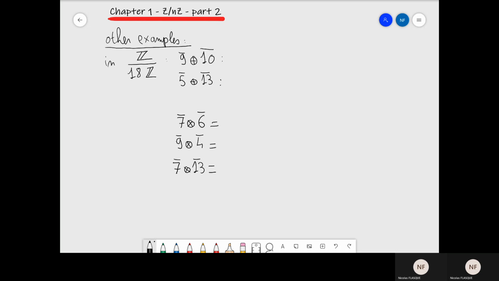So in Z over 18Z, compute 9 bar plus 10 bar. This one is quite easy. It's equal to 19 bar, which is equal to 1 bar, because we do here calculation modulo 18 as n is equal to 18. 5 bar plus 13 bar, so 5 plus 13 is 18, and actually with simplification modulo 18 it's 0 bar.